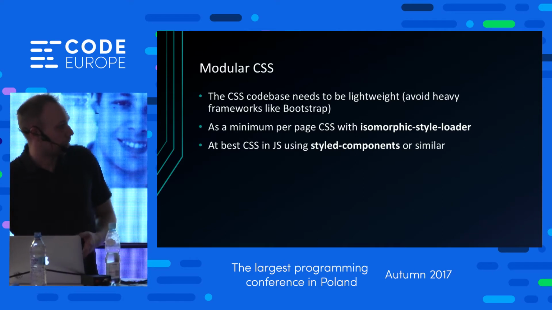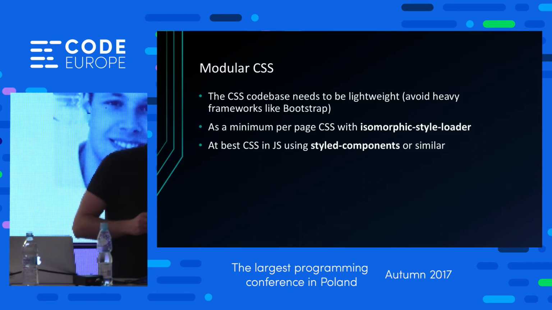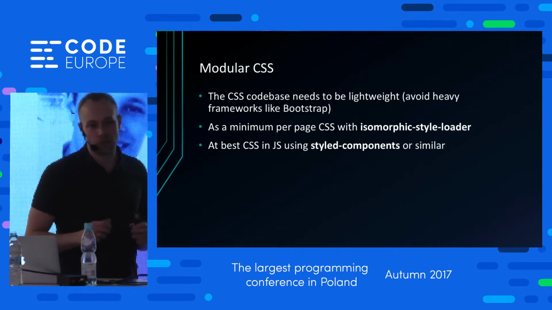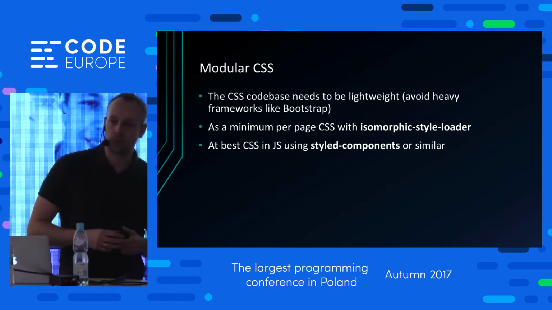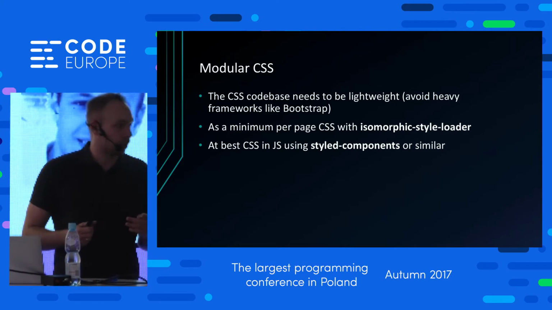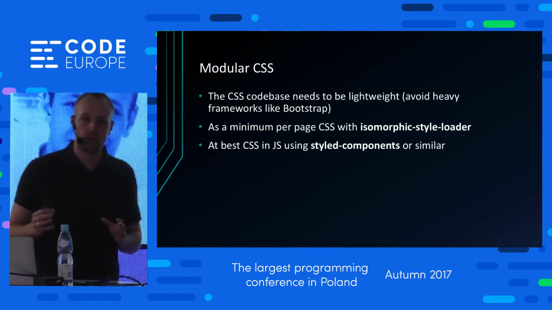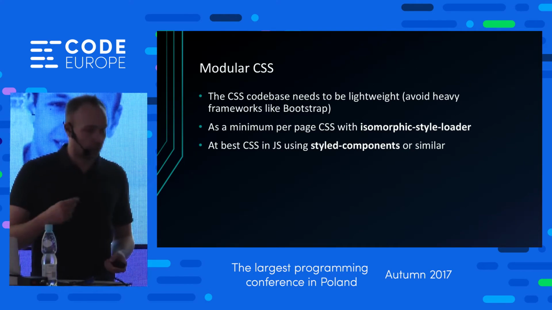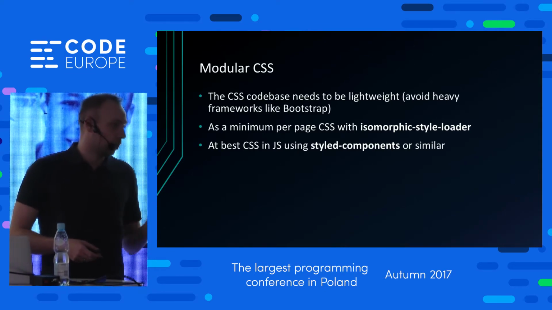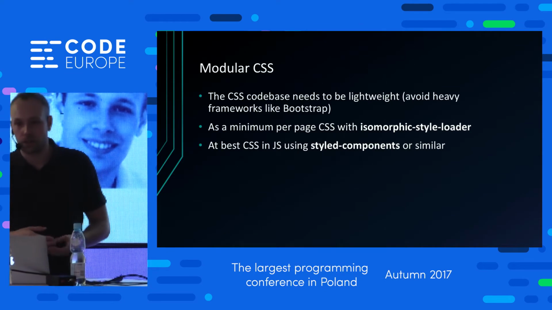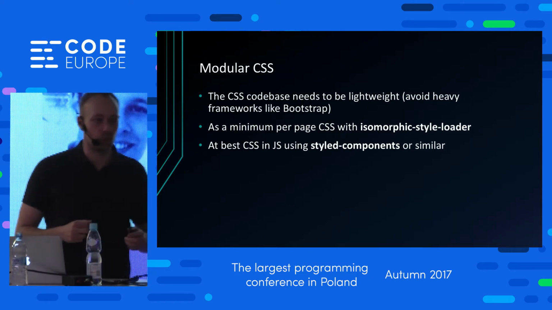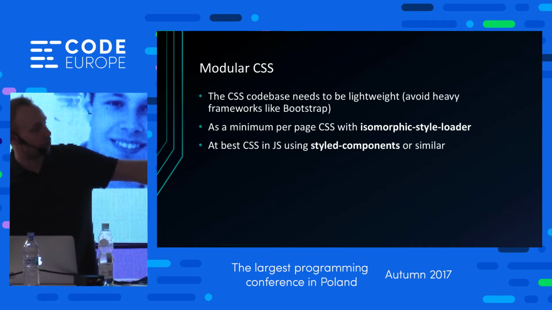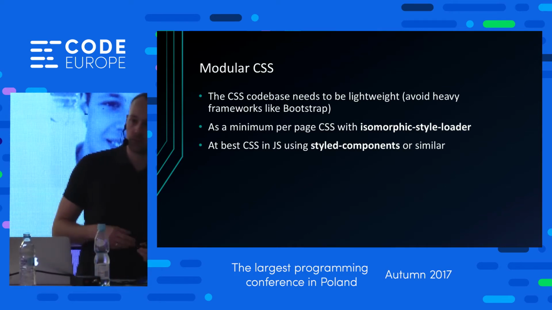All right. Let's get to the CSS. So now what do we want to do? We want to trick the user by providing the experience as soon as the page is viewable and pretty with the CSS. So if we put a lot of effort into chunking the JavaScript and having a minimal bundle and a minimal index HTML that is displayed to the user, we can't drag a whole CSS code base with heavy frameworks like Bootstrap, etc. What we need to do, at a minimum, is have per-page CSS styles.